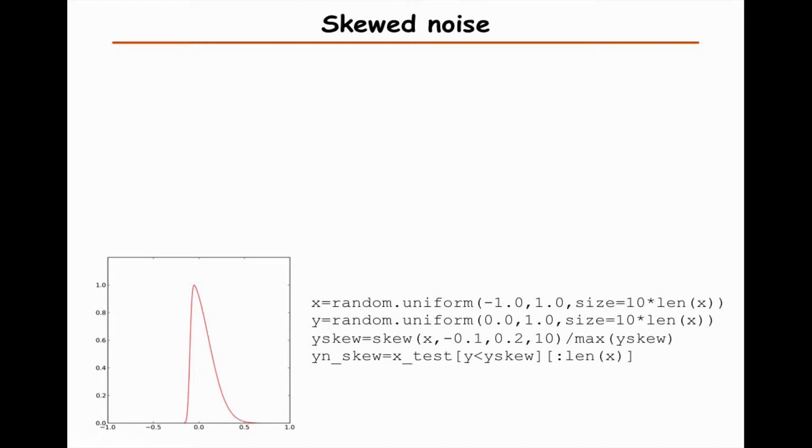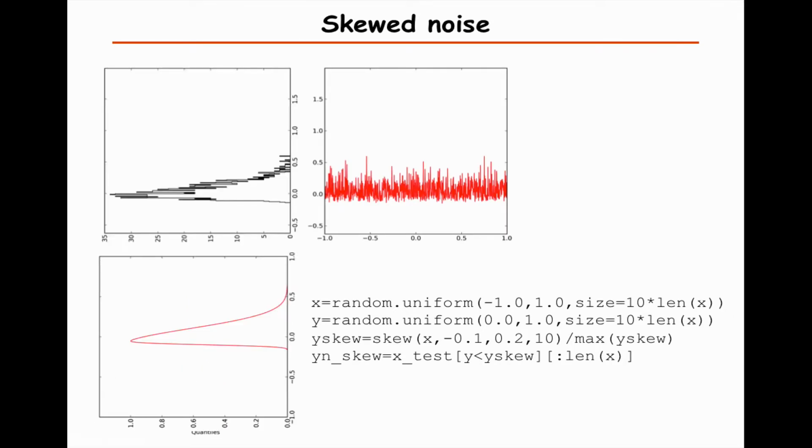Then we could have skewed noise. If we don't recognize this and think that our noise is normal, then we can often think that we're detecting signal, but it's really that the noise is skewed. In this case, you can probably even see that this noise looks different.